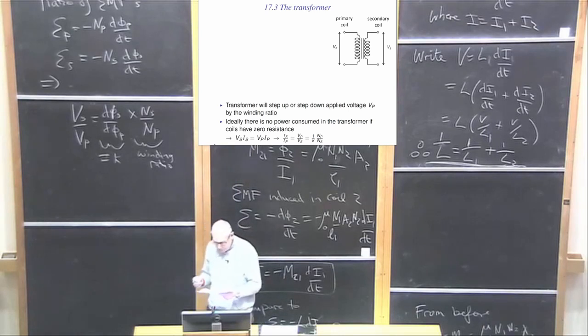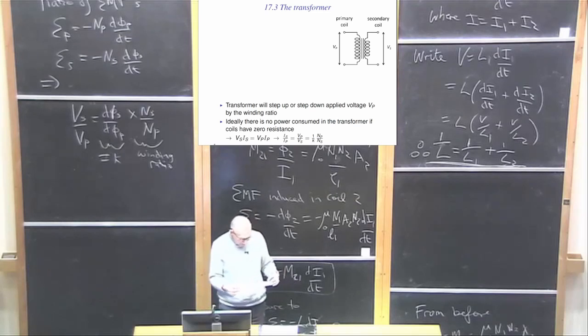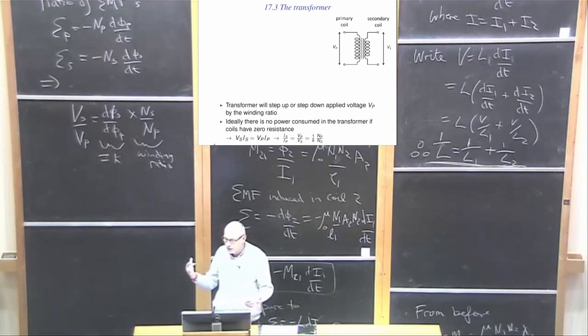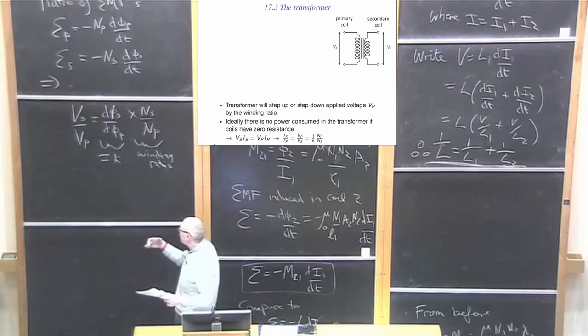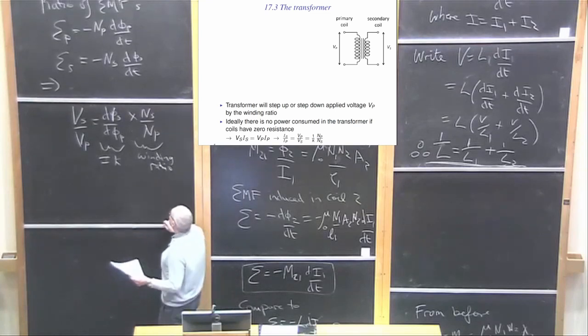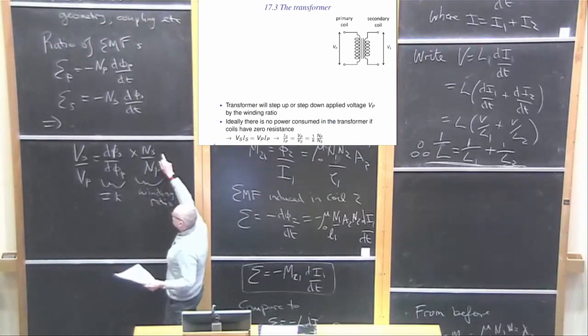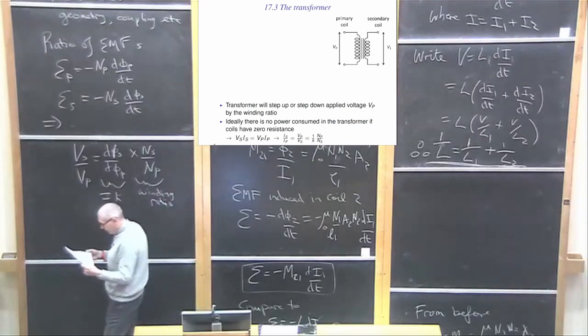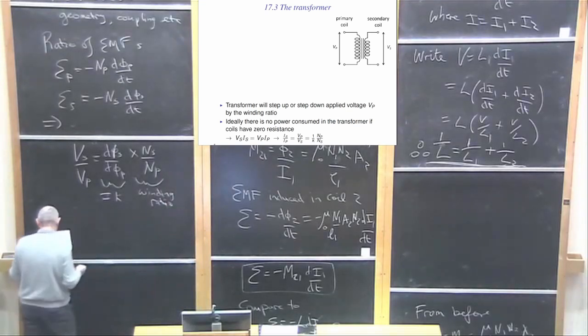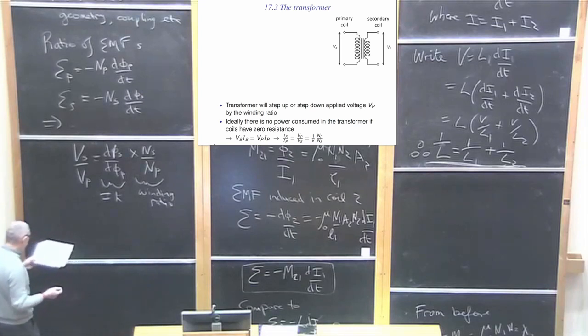And so the transformer will step up or step down the voltages depending on the ratio of the turns. If you have more turns in the primary, then the voltage will step down and vice versa.